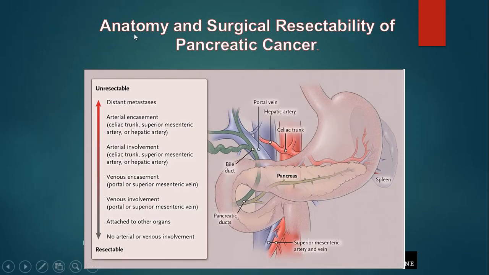Now, if we see how the anatomy and the surgical resectability of the tumor correlate, you can see that at the lower end of the spectrum where the resectability is at its best, the points are that there is no arterial or venous involvement, or when the tumor is attached to the surrounding adjacent organs, even that is resectable too.